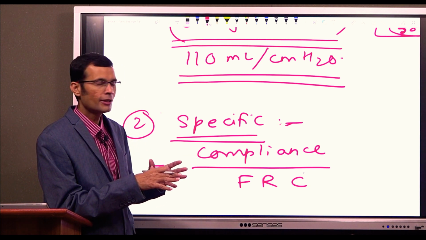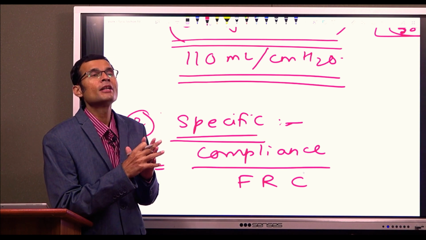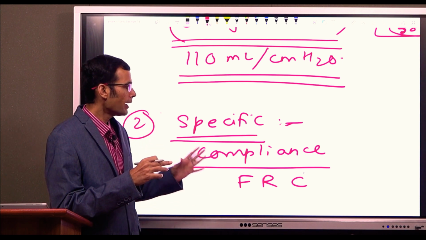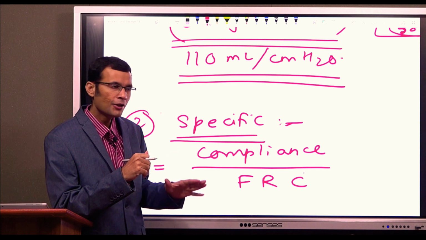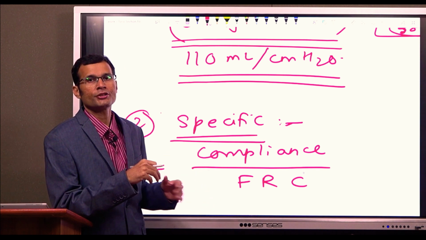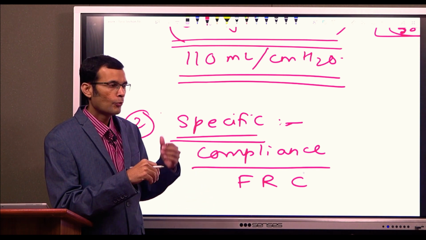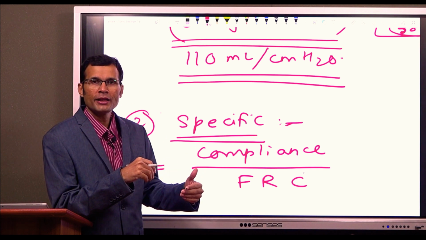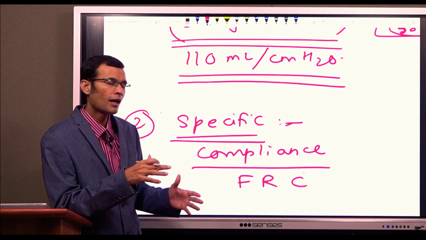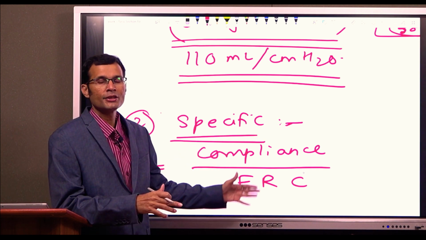The amount of air that remains in the lungs at the end of quiet expiration. At the end of quiet expiration, the lungs are at functional residual capacity.